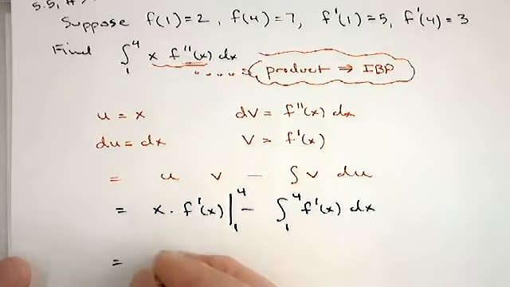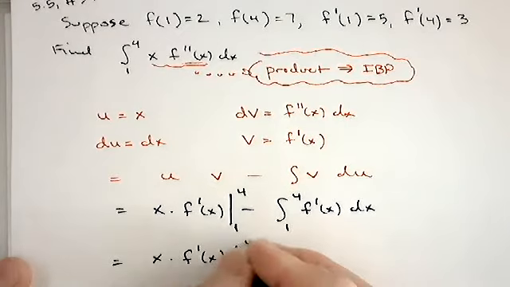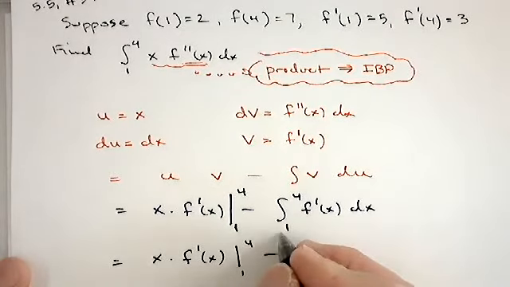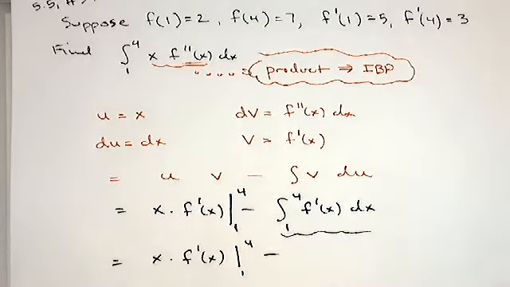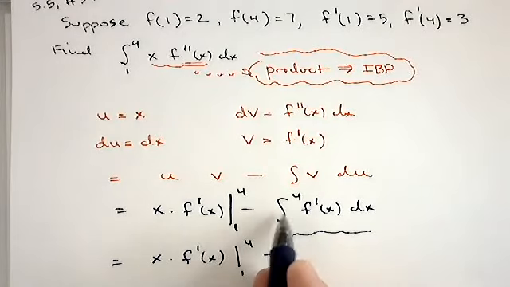So let's just bring this down. This will be x times f prime of x evaluated from 1 to 4 minus, but what's this equal to? Earlier in the quarter, we were talking about the integral, meaning like the limiting Riemann sum. But pretty much from now on, associate that with antiderivative.